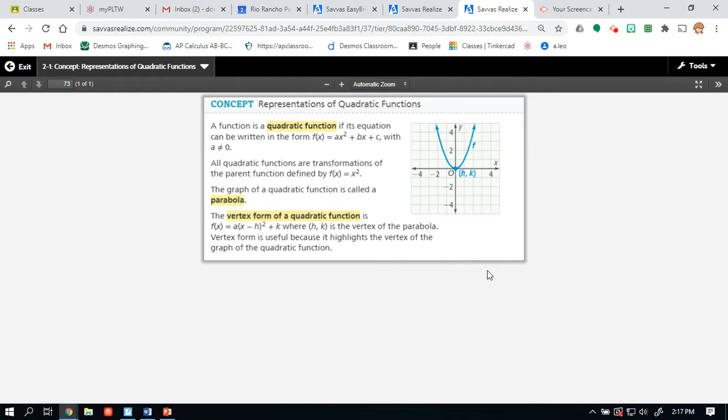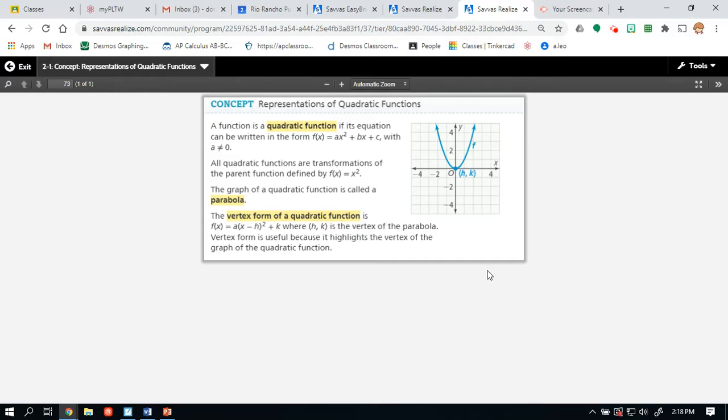So looking at the concepts, a function is a quadratic function if its equation can be written in the form of f of x equals ax squared plus bx plus c, with a not equal to 0, because if a was equal to 0, then we would have a linear function.